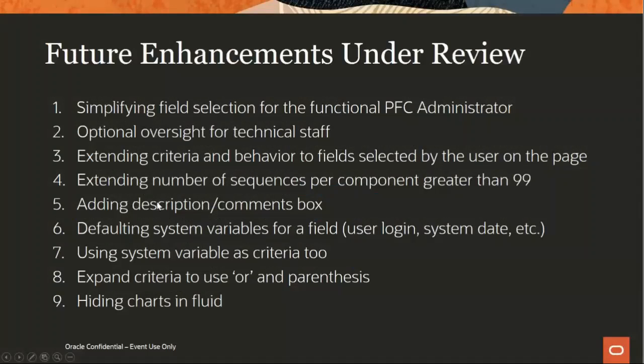Joe, do you want to try tackling that? It could be. So we are looking at extending the tool to use criteria for lower level fields. Right now, the fields that are available to you as criteria are what we call the level 0 fields. So we're looking at extending that to the fields at level 1 as well, and that may help in that example.